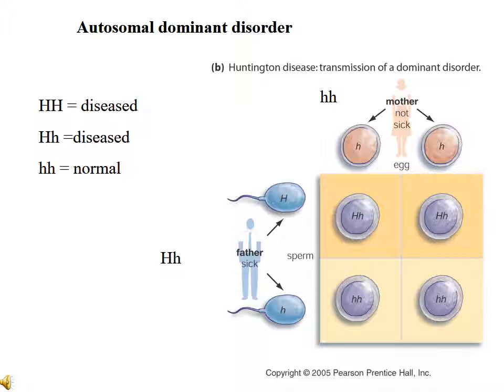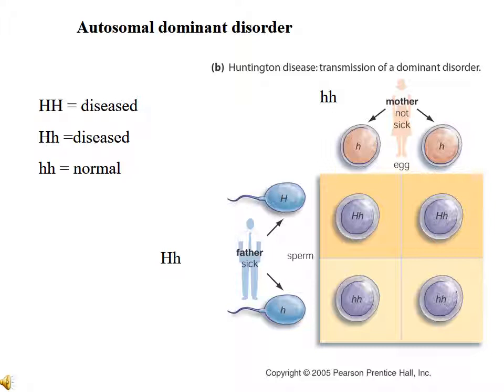So, just to illustrate a couple points here, if we do a cross between a mother who is perfectly normal and a father who is diseased, but is diseased with only 1 big H and 1 little h. The father still has all of the symptoms.